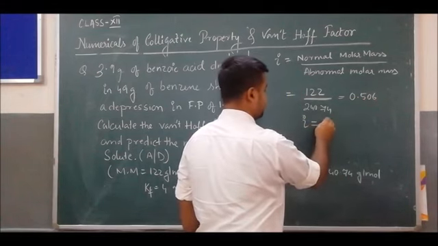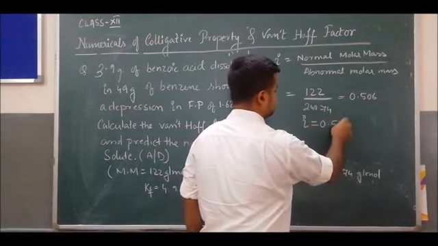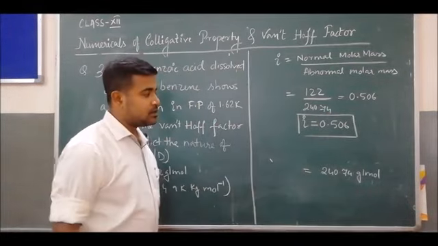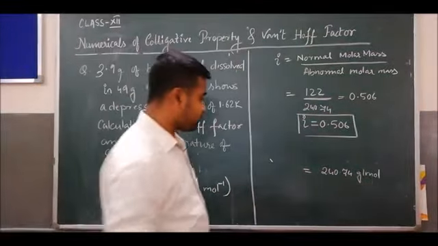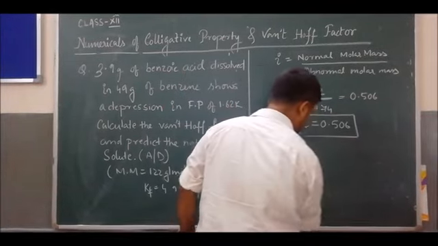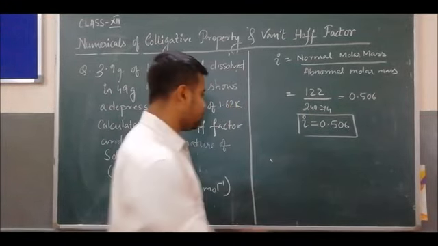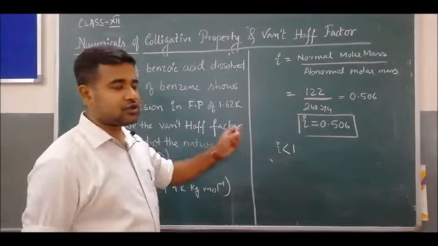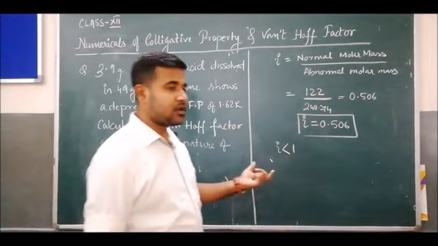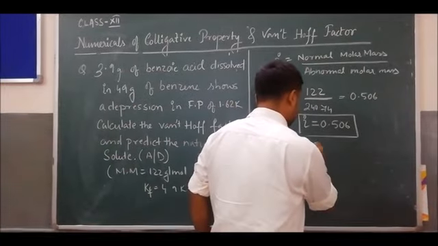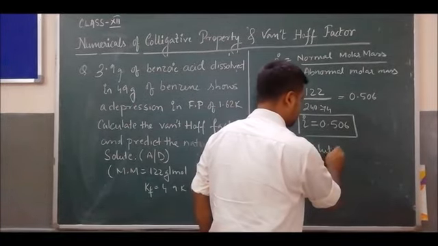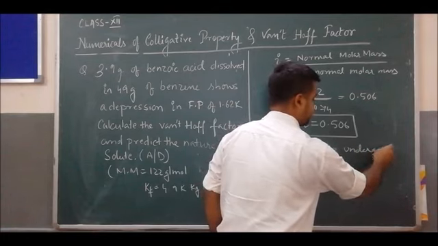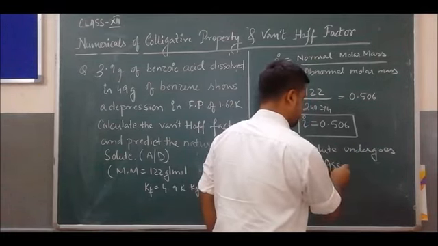I equals 0.506. Here we can see that the I value is less than 1. It means the solute undergoes association.